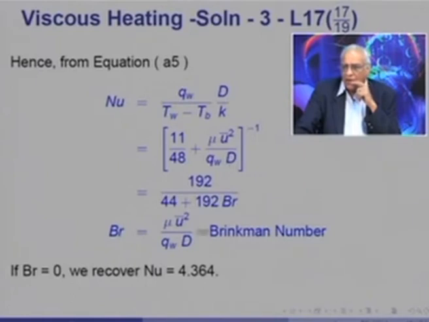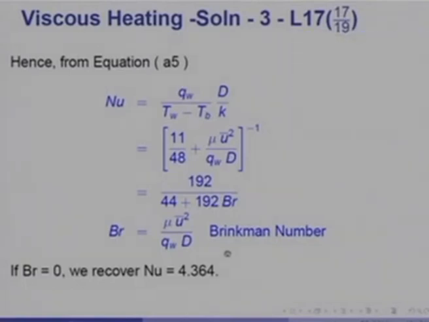And this can be written as 192 divided by 44 plus 192 multiplied by Brinkman number. Of course, if Brinkman number is 0, then you would readily recall 192 by 44 equal to 4.364. So, the effect of Brinkman number for high Prandtl number fully developed heat transfer is that the higher the Brinkman number, the more depressed would be the heat transfer coefficient.